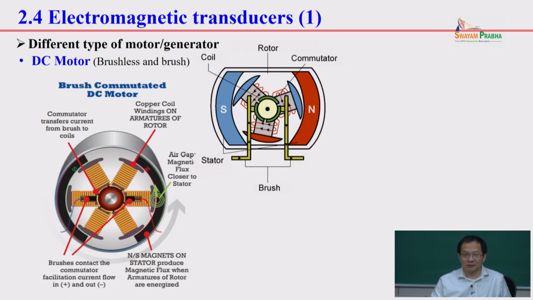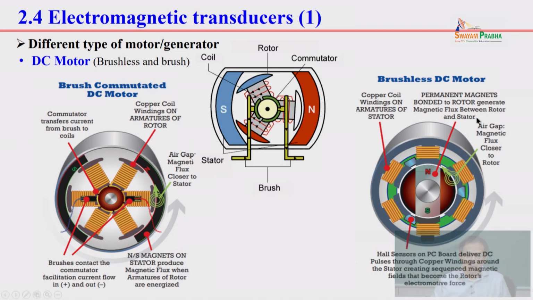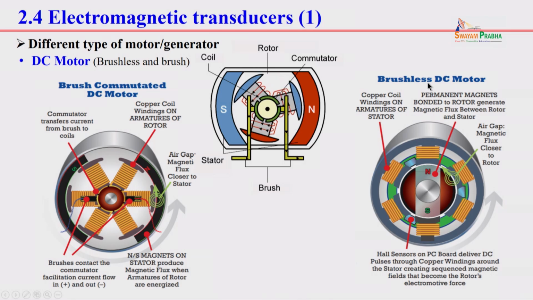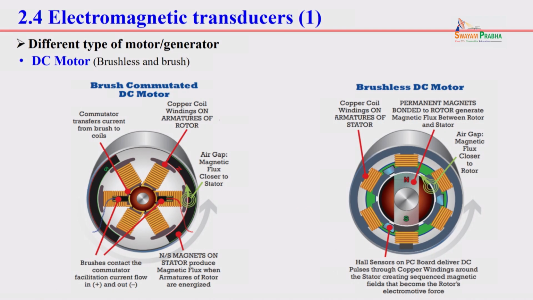You have different system designs, the so-called brush motor and brushless DC motor. For a brushless DC motor, you use a Hall effect sensor to control the commutator, right? So this is how it works.